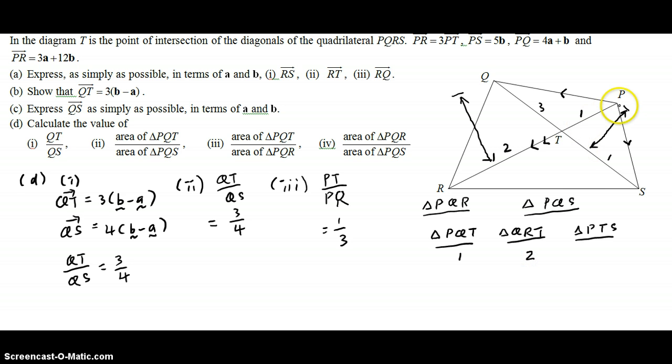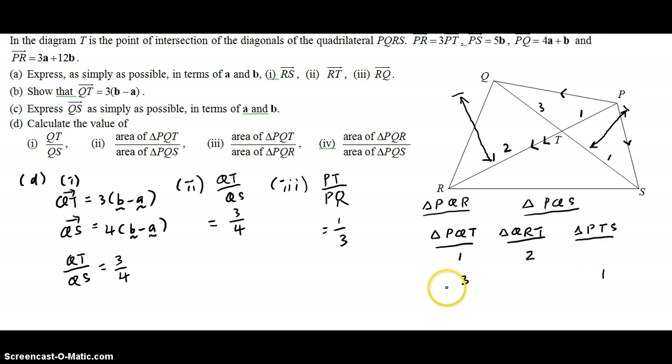Or you can also use same height compare base. This height, compared with this triangle, you just compare the base, 1:2. Next, you compare triangle PQT to PTS. The ratio of this is 3 is to 1.